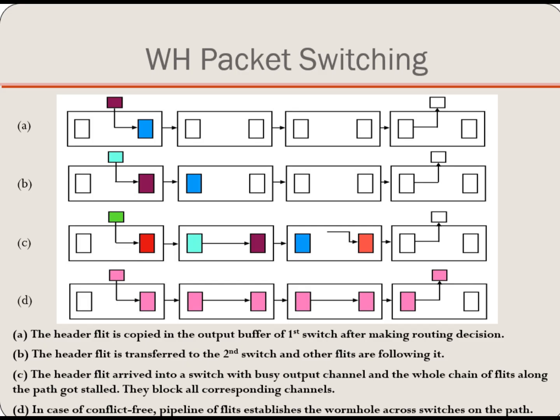In the extreme case, if every buffer is only big enough to contain one flit, things will look something like this. The header moves on if it can. But if the header cannot move on, then the whole packet will be split across several switches, like a snake body. The snake head is here, and the snake body is still there.